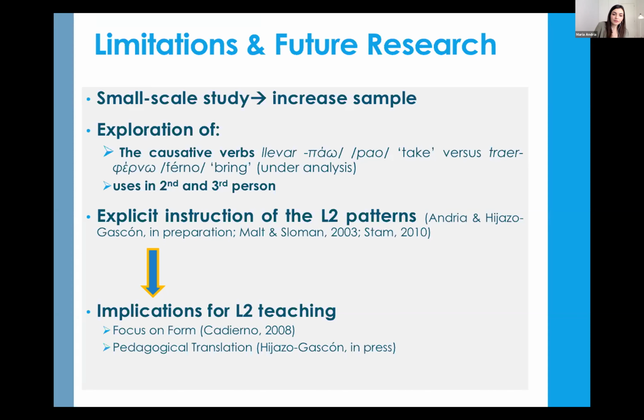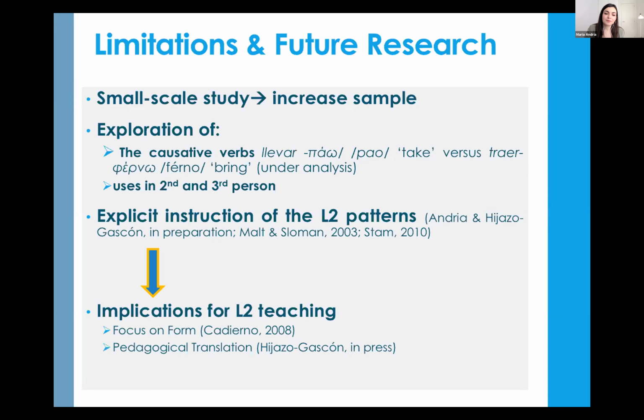And also another important thing is that future studies should explore the explicit instruction of the L2 patterns, since we found that deictic motion verbs seem to be demanding, challenging and prone to cross-linguistic influence, at least for this combination of languages and L2 learners.